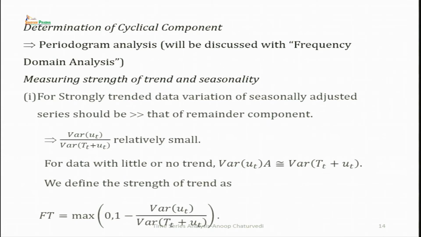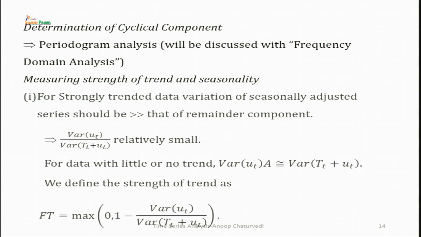Then there are some measures for measuring the strength of trend and seasonality. How strong your trend component is or how strong your seasonality is. So, for strongly trended data, variation of the seasonally adjusted series should be much greater than that of the remainder component.